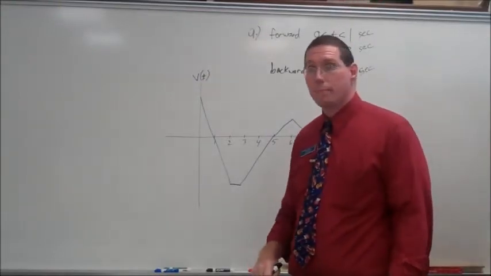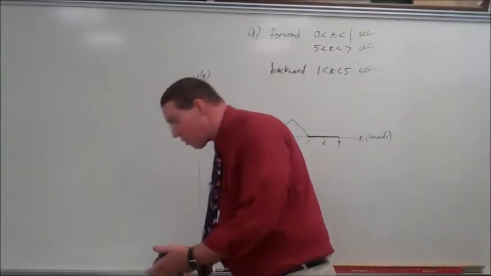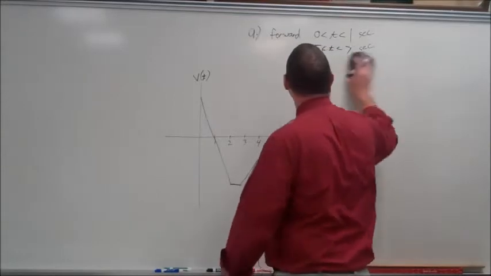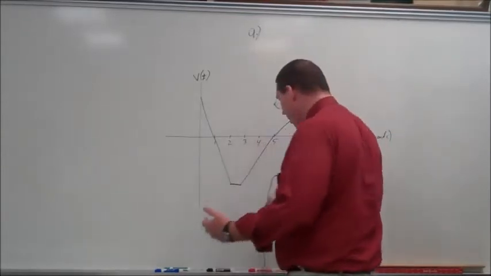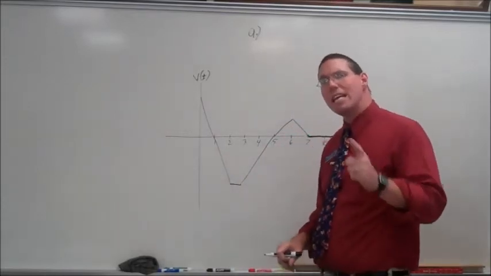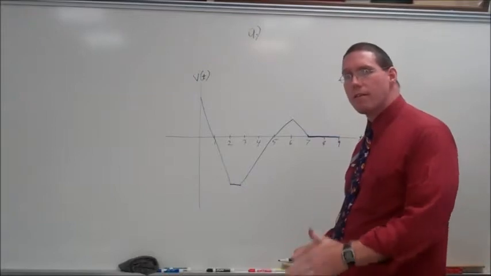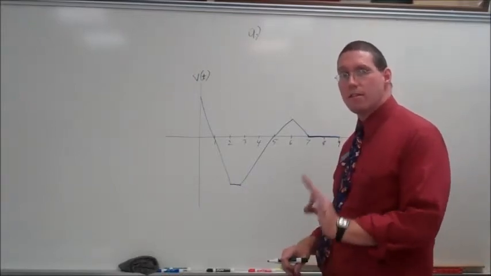Okay. All right. Part A also says, when is it speeding up and when is it slowing down? Well, this is one of the things I was going to talk about in today's lesson, so now's a good time to cover it. Speeding up means that velocity and acceleration are the same sign.